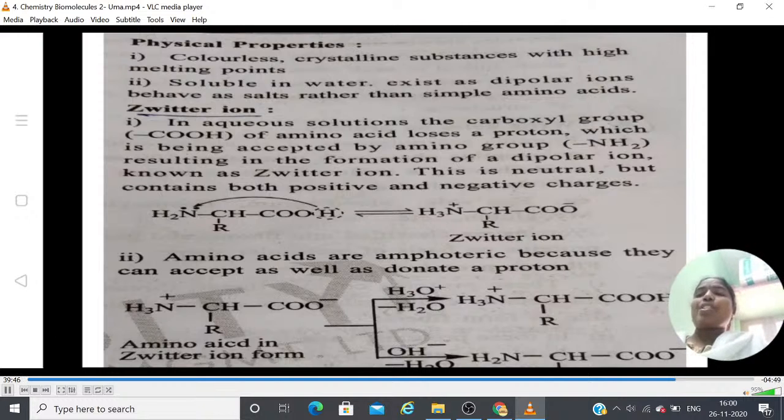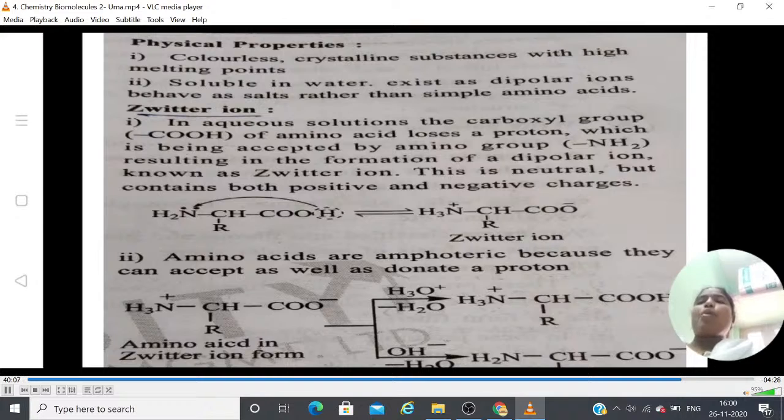They exist as dipolar ions. Dipolar ions means they contain both a proton donor and a proton acceptor, that means acids and bases. So these are the dipolar ions.